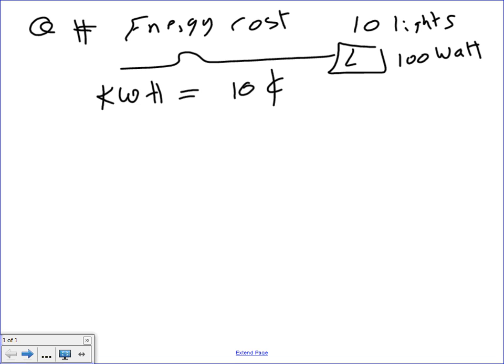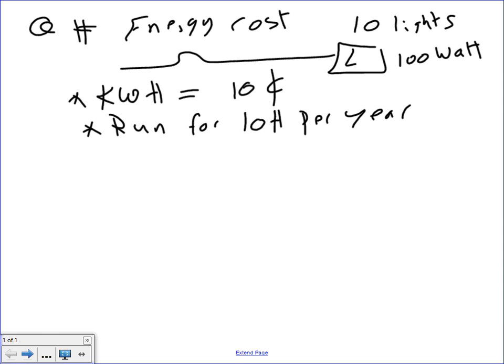The question for you is, if I run these for 10 hours per day for a year, how much will it cost you per year?